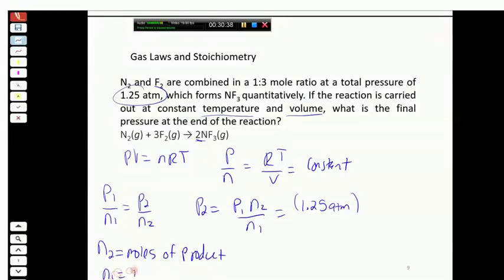N1 is going to be the moles of reactants that we have. And so what we're looking for is the ratio of N2 over N1, which is the moles of product divided by moles of reactant. And as I said, from the balanced chemical equation, we see that we're forming 2 moles of gas as a product.